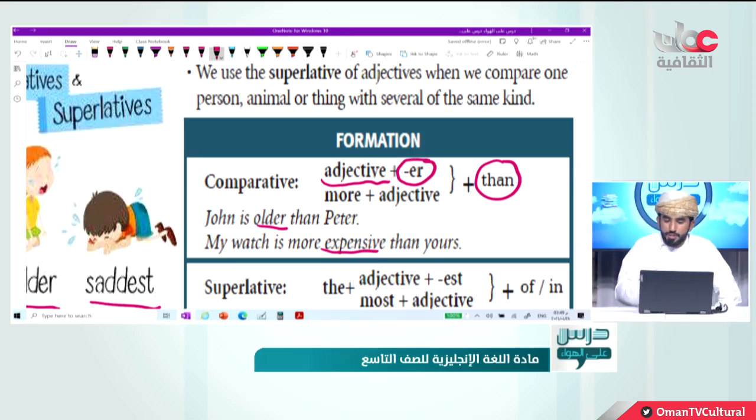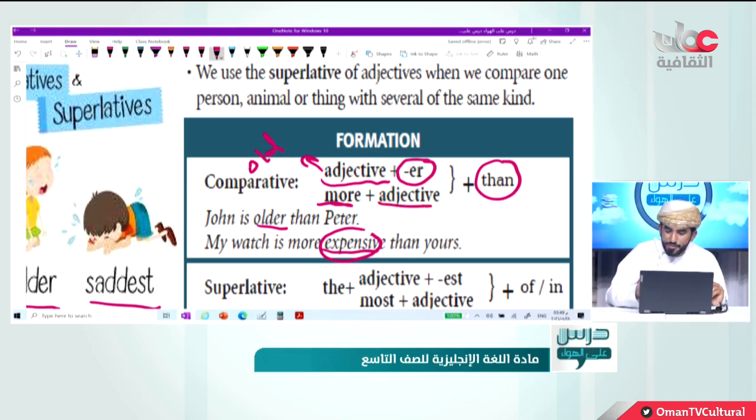Of course, when we say adjective plus ER, we're talking about one syllable. How many syllables? One syllable, like old. Old has only one syllable. It is only a one-syllable word. So what do we do? We add ER and then than. But when it comes to an adjective that has more than one syllable, let's say 2 or 3, like the word expensive, for example, we say more first.